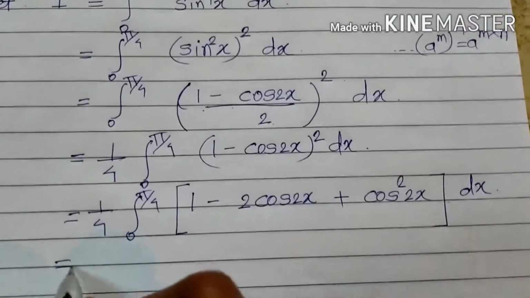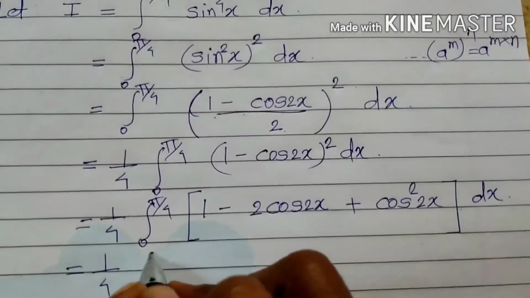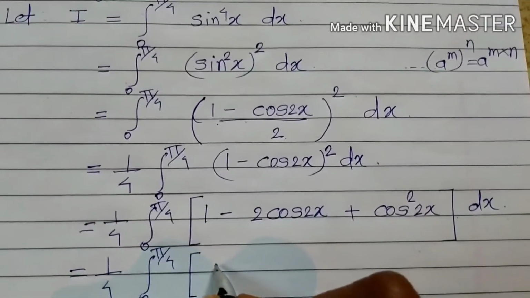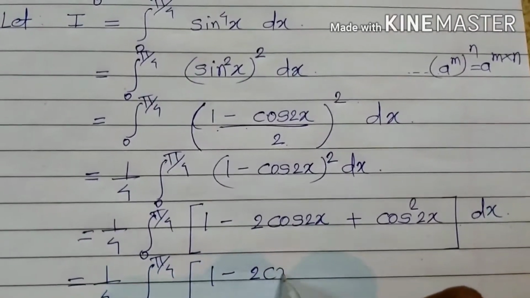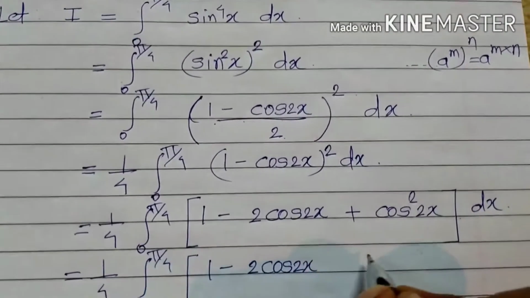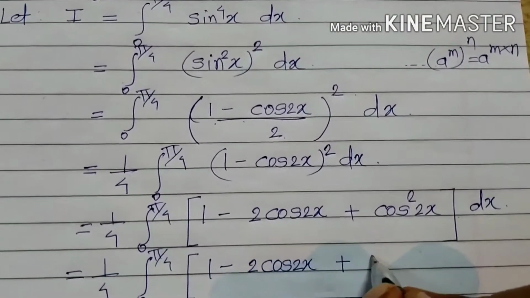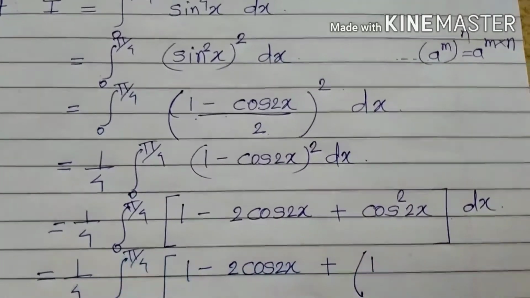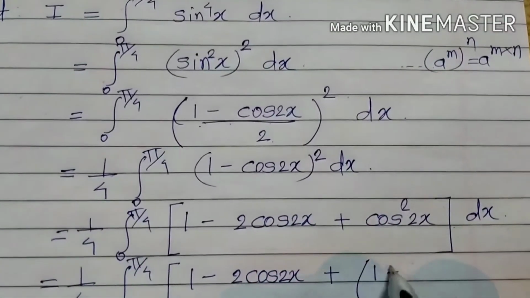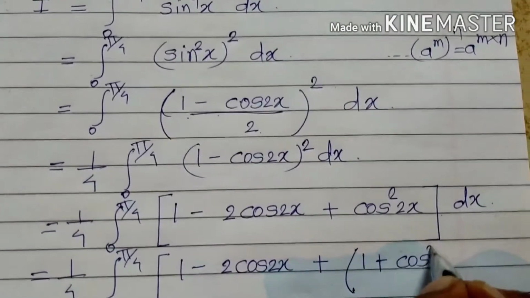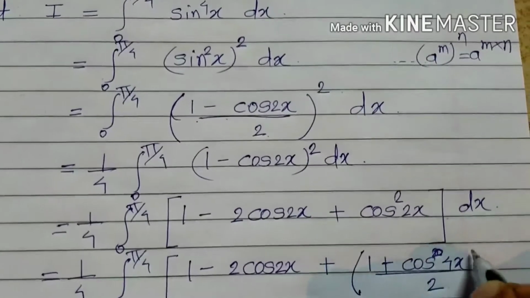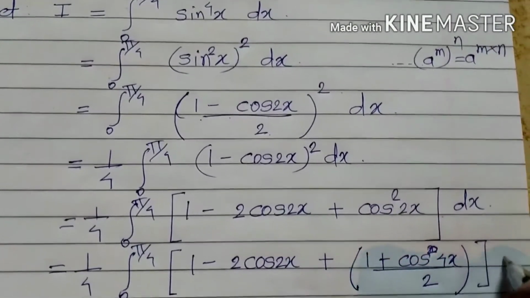Now 1 by 4, 0 to pi by 4, 1 minus 2 cos 2x plus cos square 2x. So the value of it is 1 plus cos 4x upon 2 into dx.